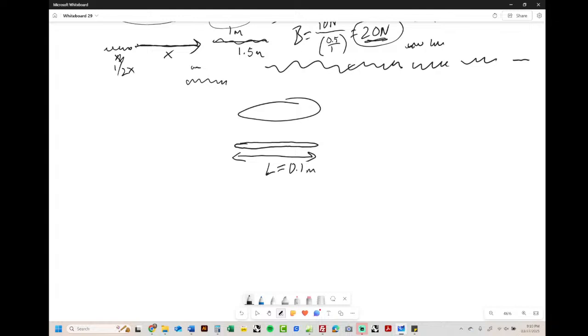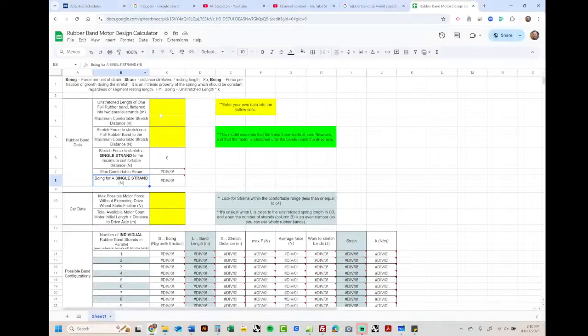It was really 0.101, so let me put 0.101 as that length. So I'll enter that. And this was after I'd messed with the rubber band for a while. I'd stretched it a bunch, so when the rubber band was right out of the bag, it wasn't actually that long. You could choose to get fresh ones, or you could pre-stretch them.